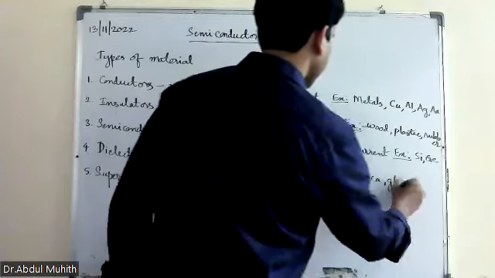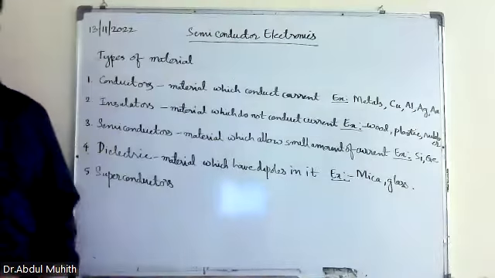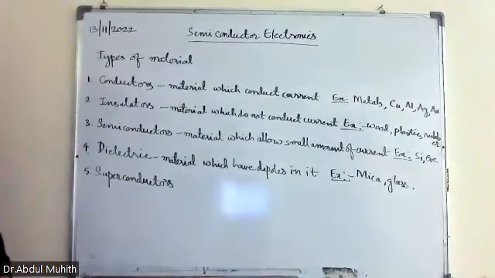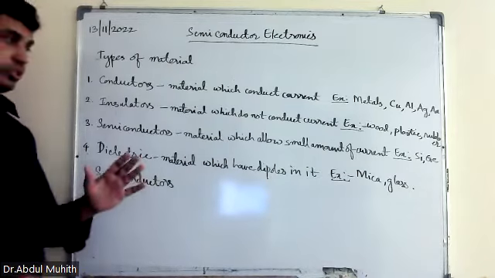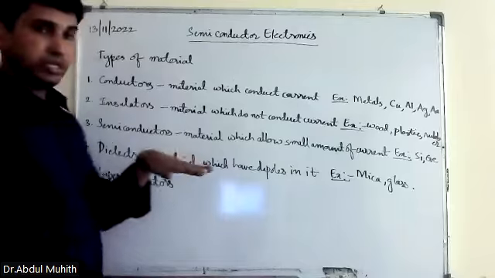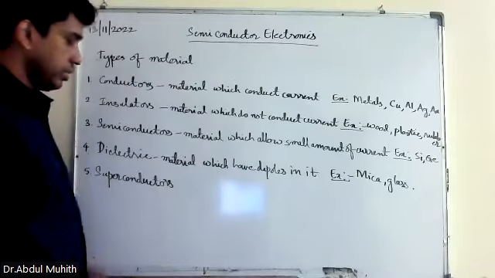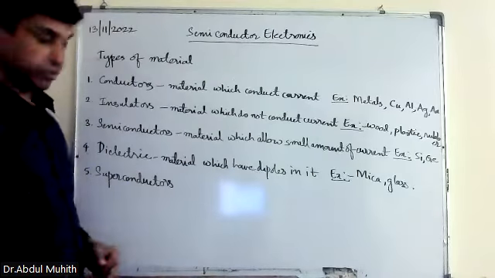If you place such a material in the presence of an electric field, all the dipoles will be arranged in the direction of the electric field. So that is known as dielectric material.